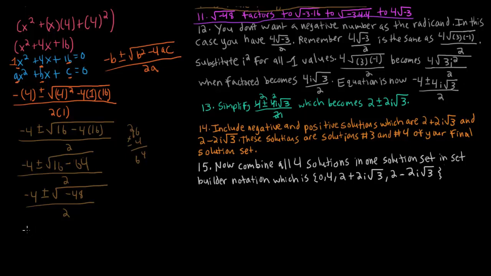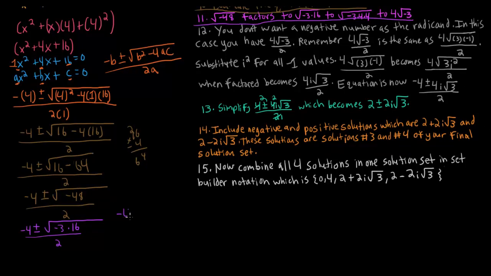So we can factor the number under the radical, and negative 48 will factor to negative 3 times 16 over 2, which will factor to negative 4 plus or minus negative 3 times 4 times 4 over 2, which will factor to negative 4 plus or minus 4 times square root of negative 3 all over 2. And that's what we have here.